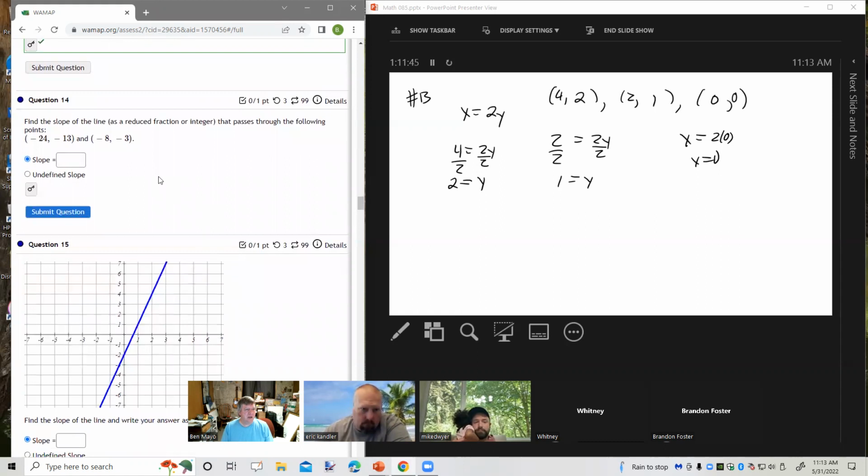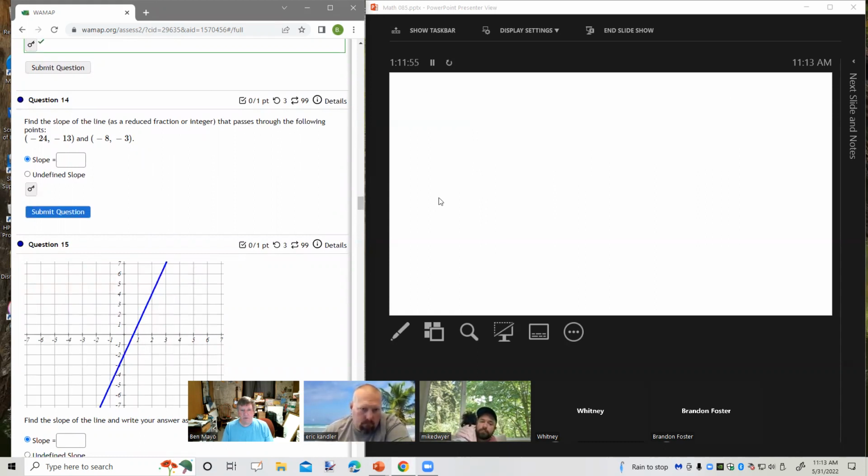All right, this says find the slope of the line as a reduced fraction or integer that passes through the following points. Our points are (-24, -13) and (-8, -3).